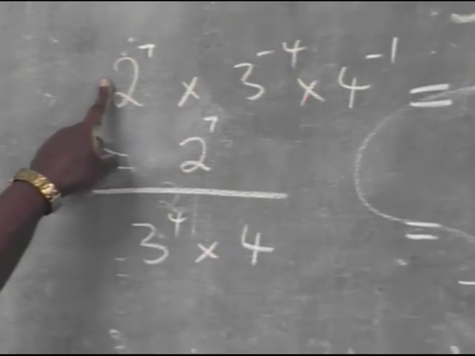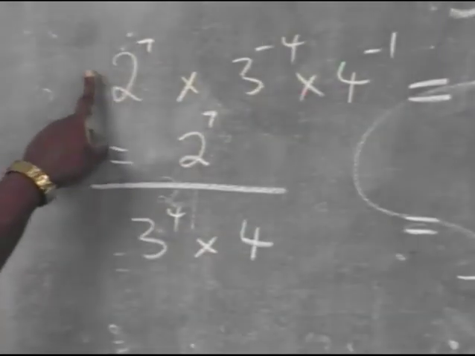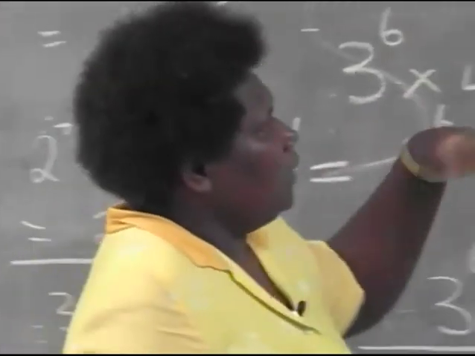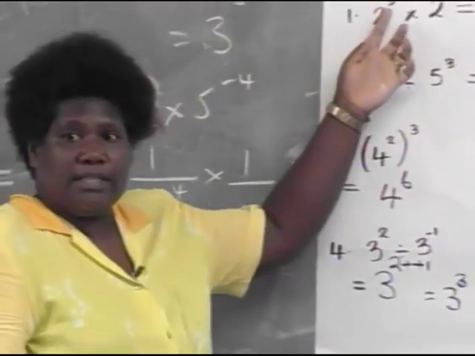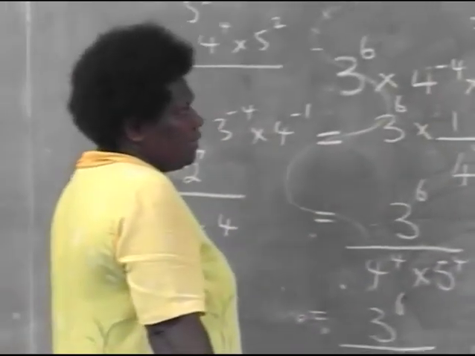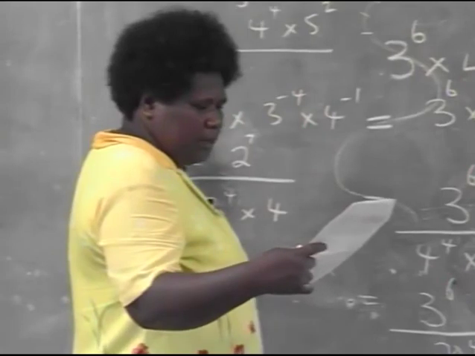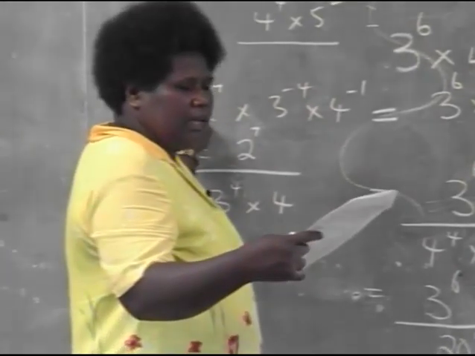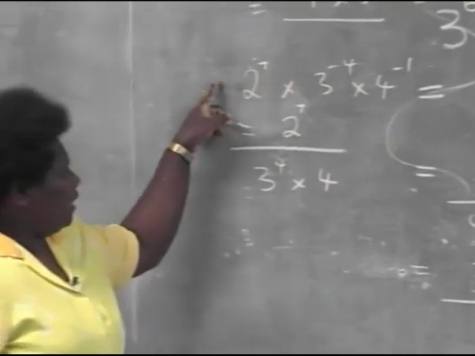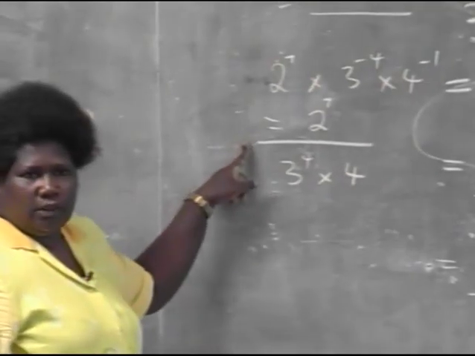If you were asked to simplify or evaluate leaving your answers with powers, then that would be correct. But because it says using positive indices only, the answer is to be left in index form, and this is the correct one.